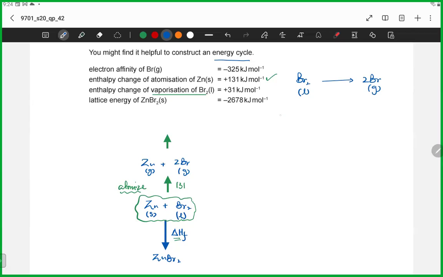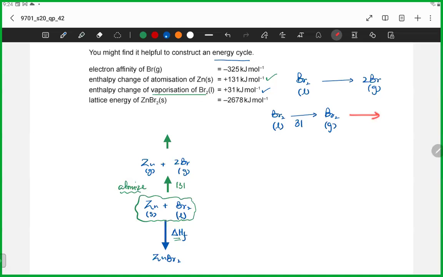So basically what they're doing is turning bromine liquid into bromine gaseous molecules. And that is 31 kilojoules, right? That's the value that they've given. But I don't want to stop there. I want to proceed further. I want to atomize it.